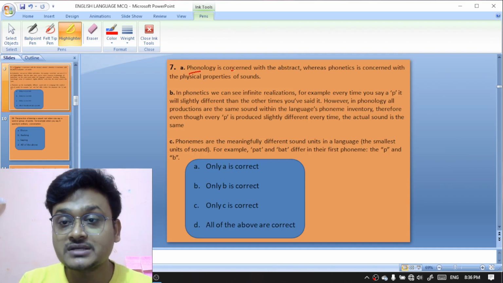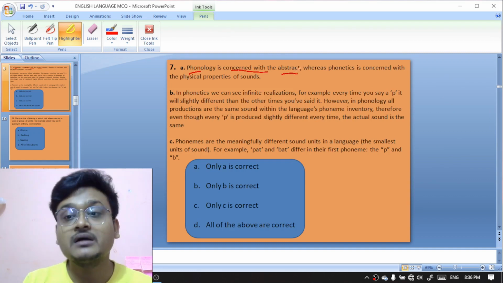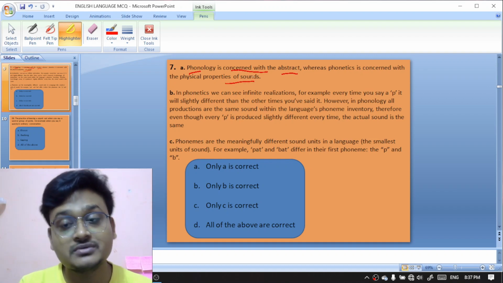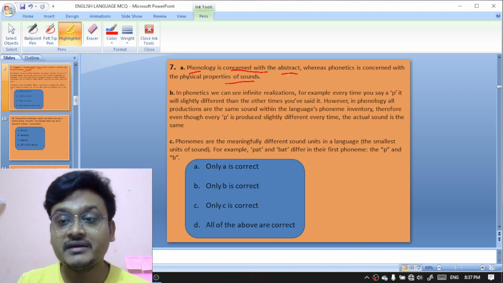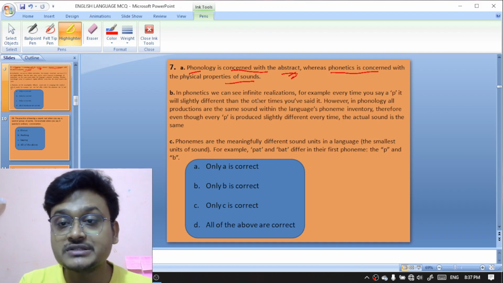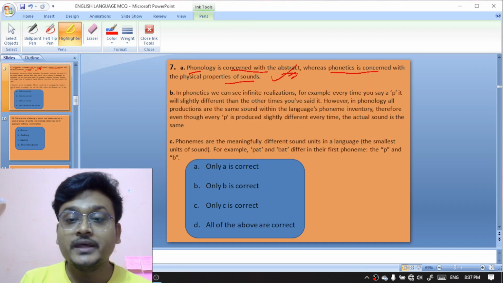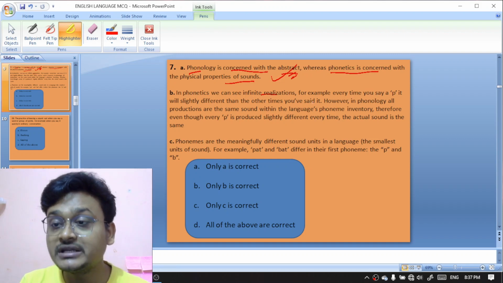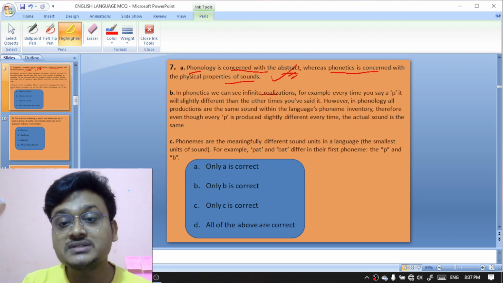Phonology is concerned with the abstract, whereas phonetics is concerned with the physical properties of sounds. Yes, phonology is the study of the abstract, whereas phonetics is concerned with the physical properties of sounds. True. In phonetics, we can see infinite realizations. For example, every time you say a P, it will be slightly different from the other times you have said it.